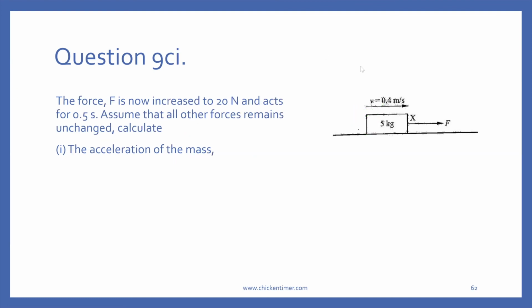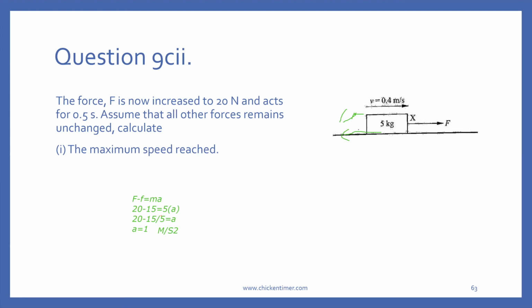Okay, now the force is increased to 20 newtons and acts on it for 0.5 seconds. What is the acceleration? Friction is still 15. Find the acceleration. What's the unit? You always forget your units.